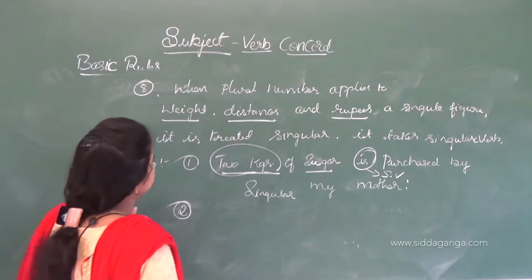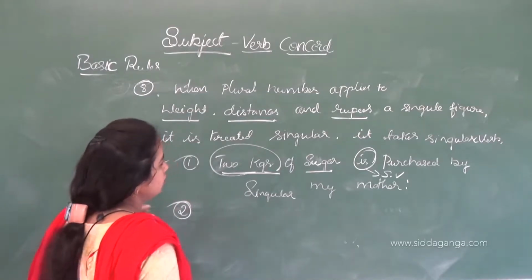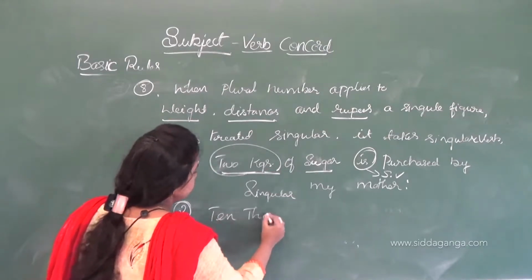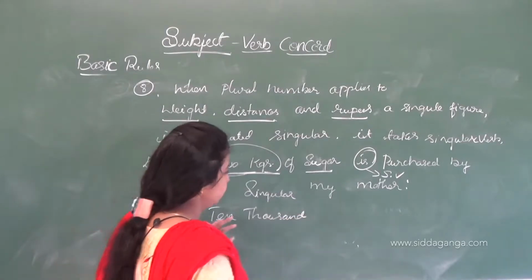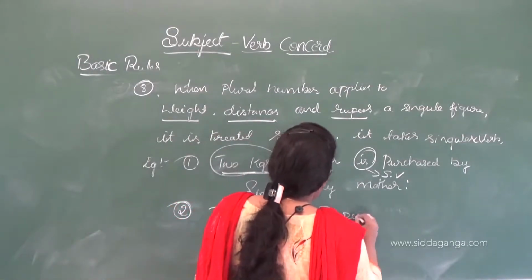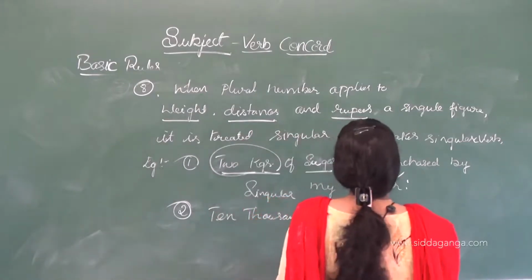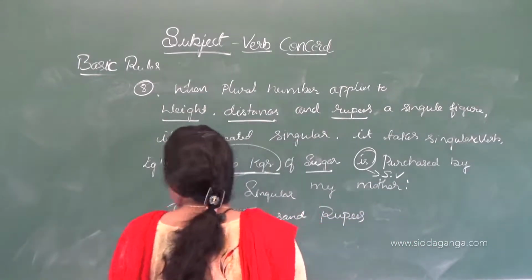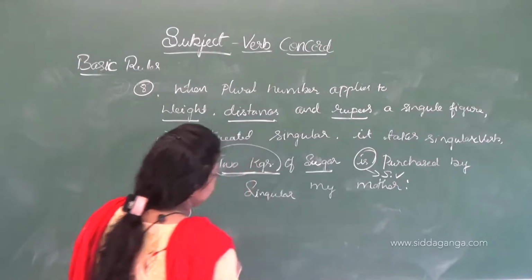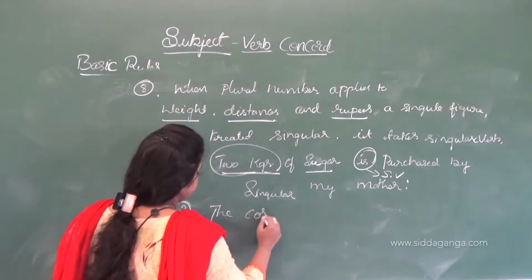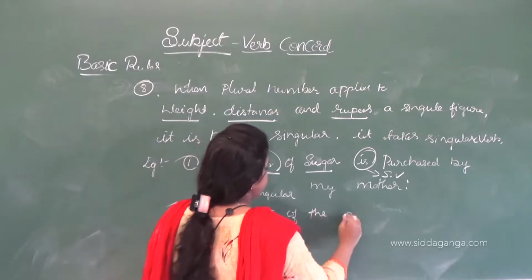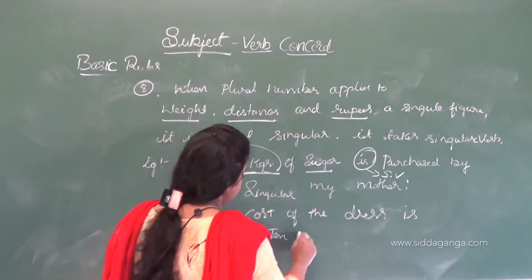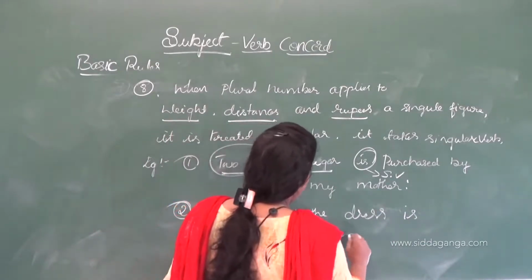Suppose it's about a weight or cost. The cost of the dress is 10,000 rupees.